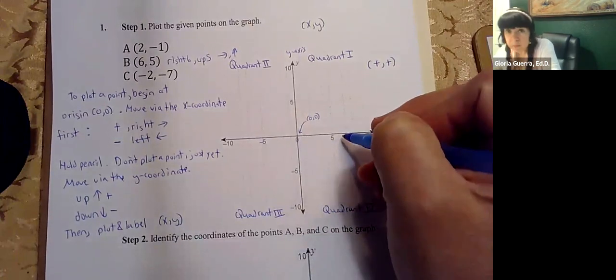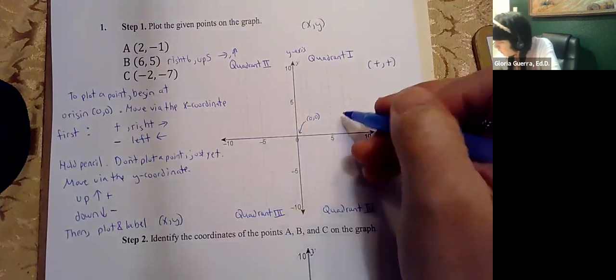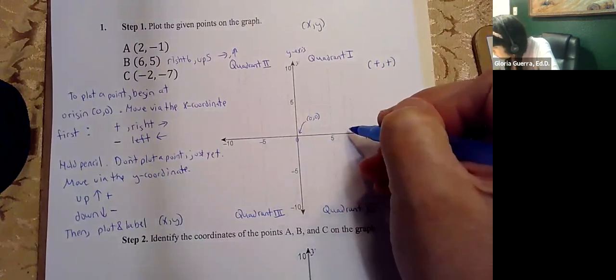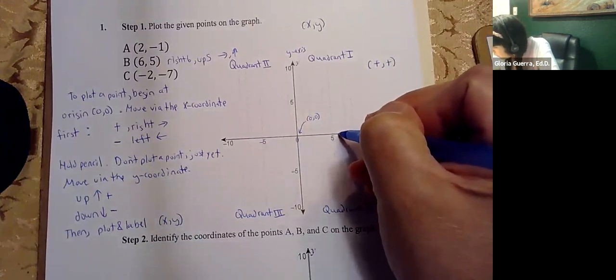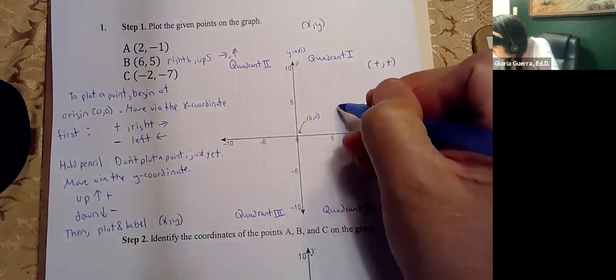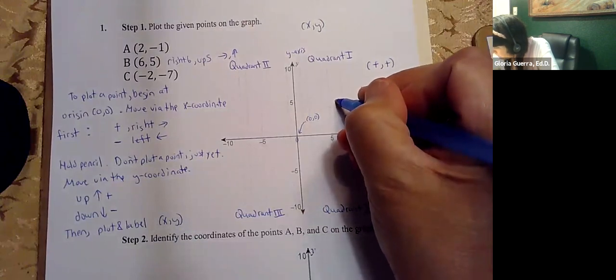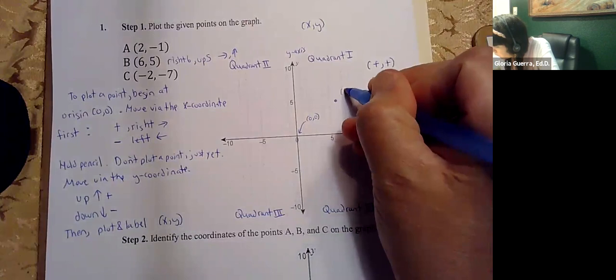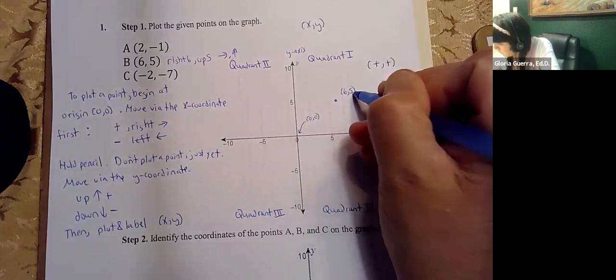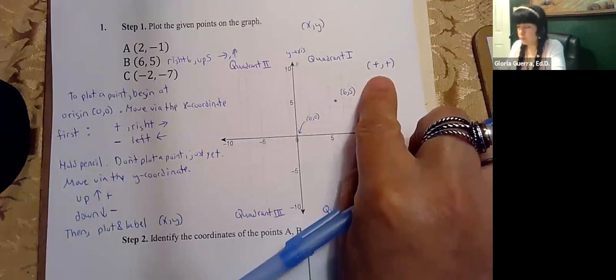You can barely see the line. It came out really light. It looks like it's somewhere here. Right 6, up 5. It's an estimate. But it's positive, positive.